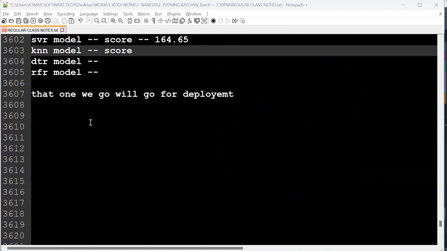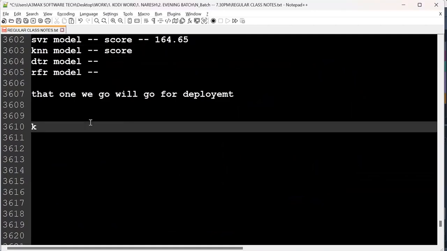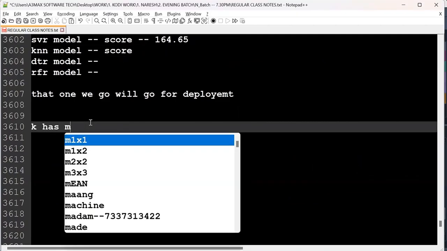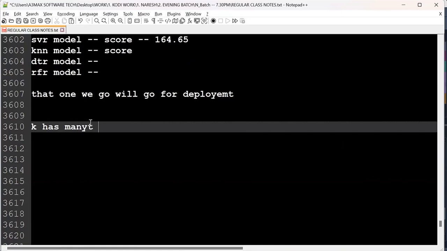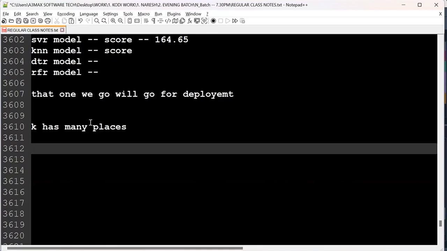Now, very simple. In the entire ML journey, we use K in many places. What is meant by K? I'll try a simple example and explain the math later.